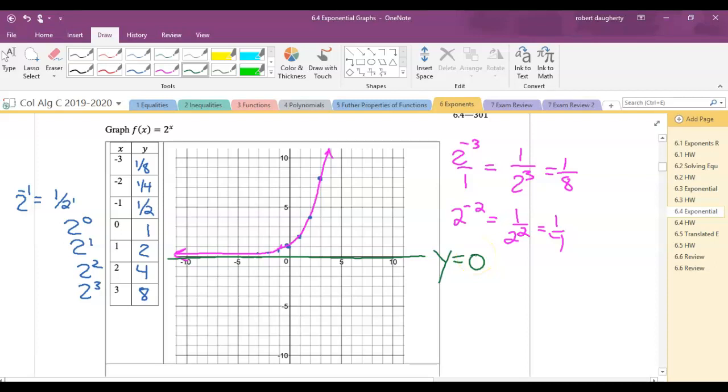It has all different x, but every y value is equal to 0. So I have a horizontal asymptote at the line y equals 0. Okay. What is the domain of this function?